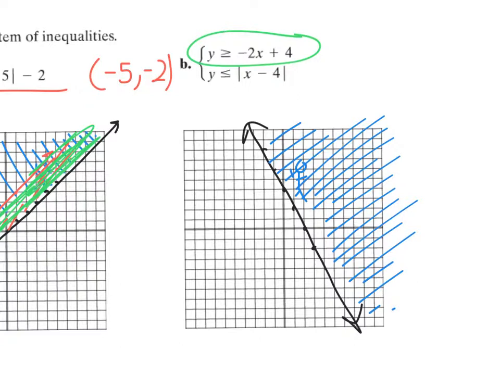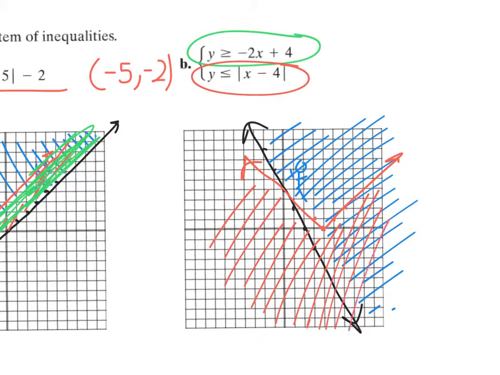The second one is going to make a V, so you go right 4, up 1, right 1, up 1, left 1, up 1, right 1, make a solid line, and I'm shading less than, so I'm shading underneath the vertex. The vertex of an absolute value function is right here. I know it makes a V because it's an absolute value function. Now I'm going to darken, or put in green on my paper, where they overlap.